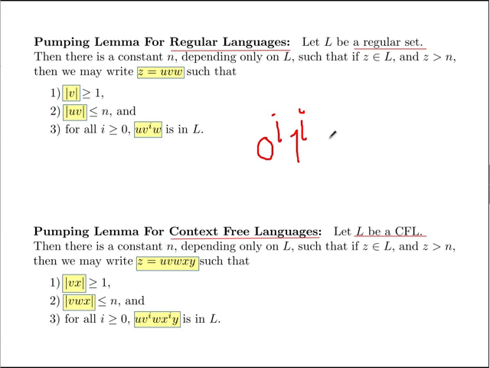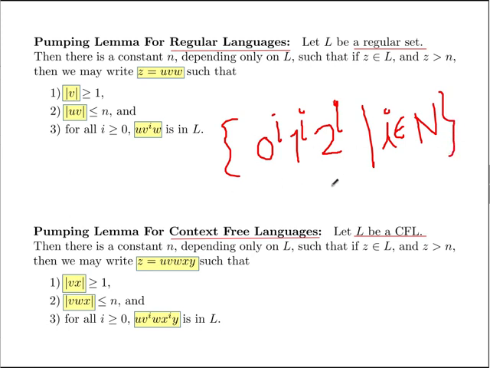So for example, we will show at the end of this video that if I take 3 symbols, 0, 1, 2, and I take 0^i 1^i 2^i for all i in the natural numbers, then we will see that this is not a CFL. And we will prove that using the pumping lemma for context-free languages.